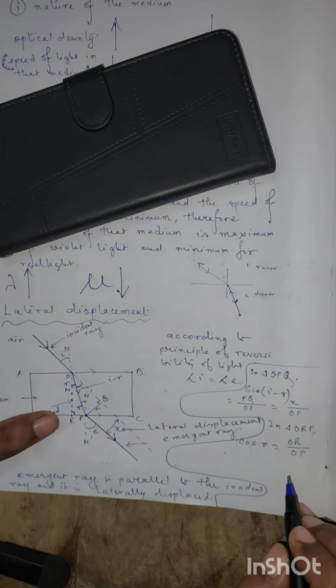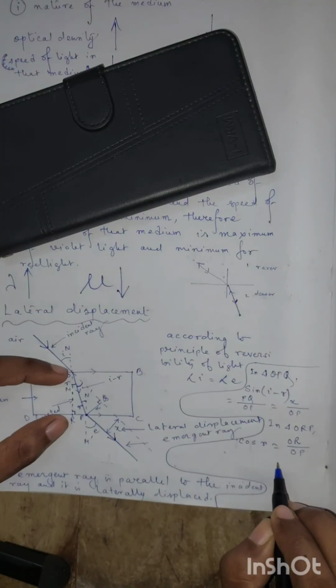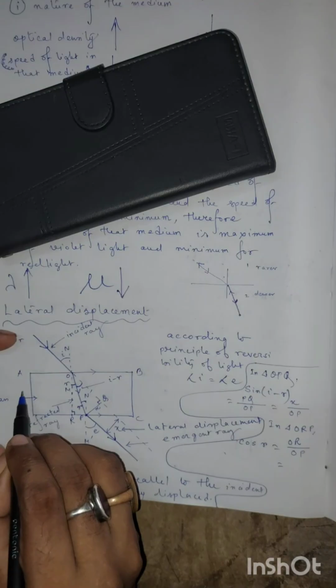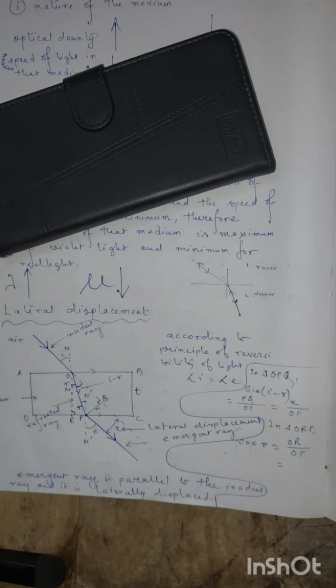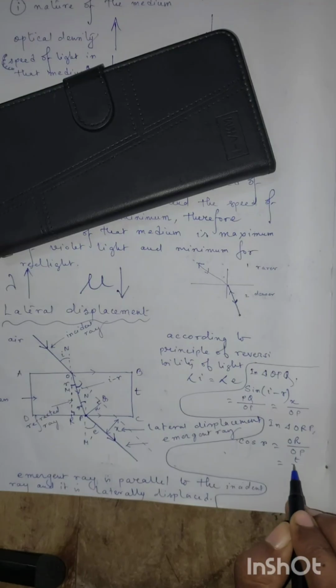The base is equal to the thickness of this glass. This is our thickness, so let us represent the thickness by small t. So OR is equal to t by OP.